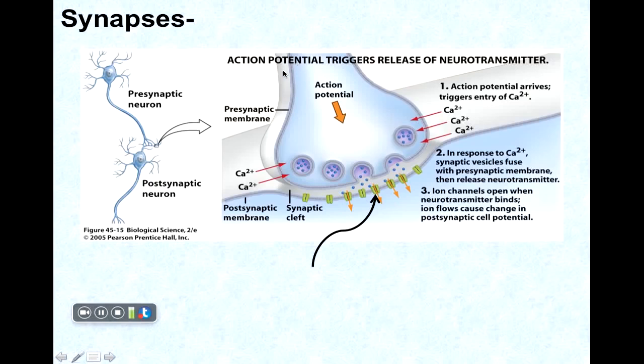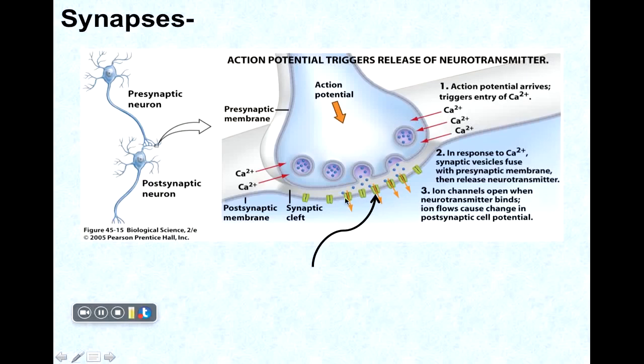What occurs in that synaptic region? When the action potential reaches the end of the terminal branch, that triggers these vesicles to release neurotransmitters, illustrated by these small blue circles. Neurotransmitters can then bind with receptors, these green structures, located in the postsynaptic neuron.